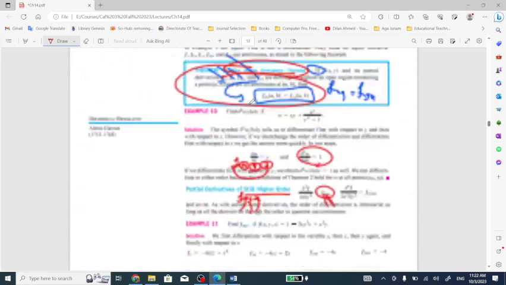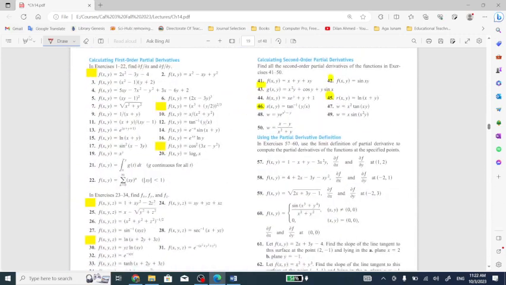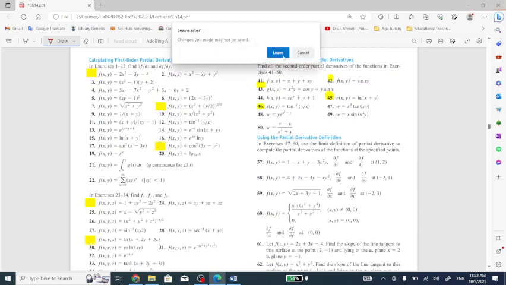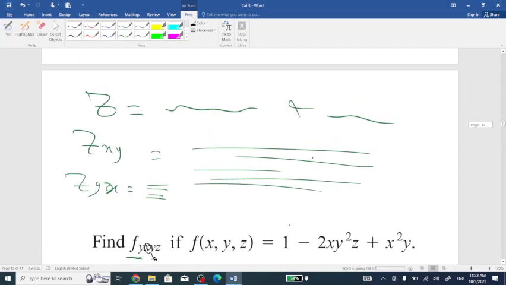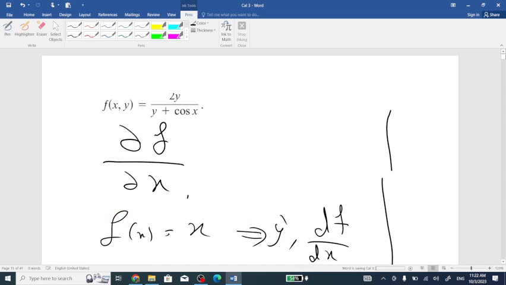Clear, dears? It was 12.3, right? 14.3. Yeah. Good.